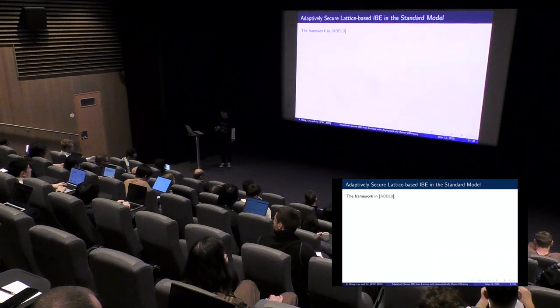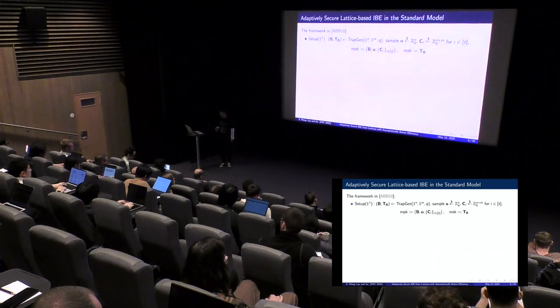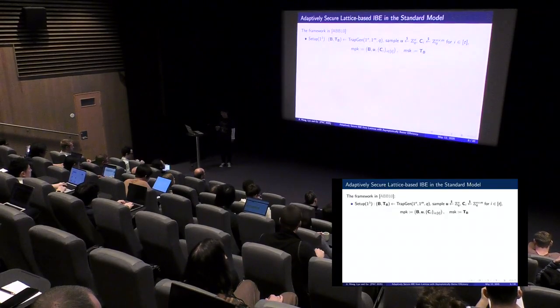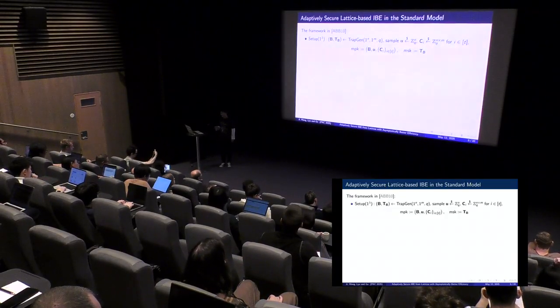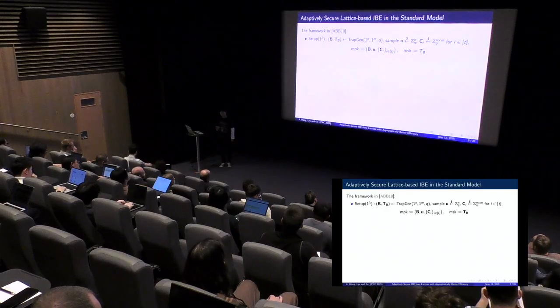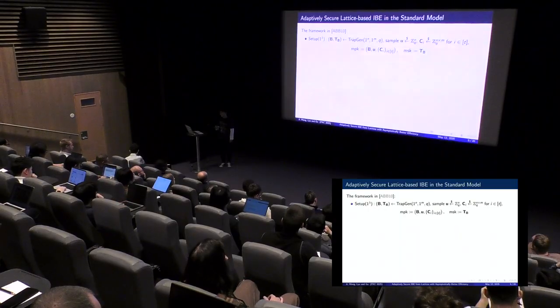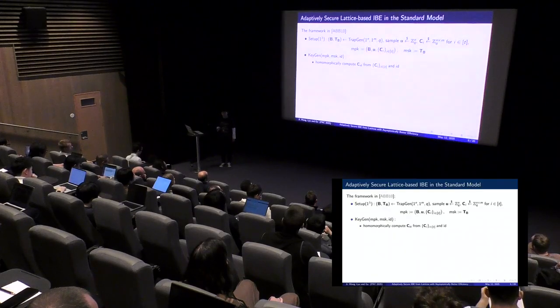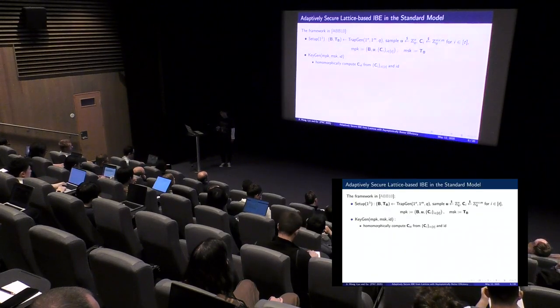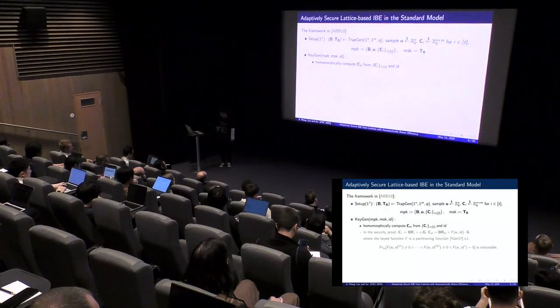Let's look closely at the ABB framework. In the setup, they generate a matrix B and its trapdoor T_B. The matrix B is statistically close to a uniform matrix, and they sample a uniform vector U and some uniform matrices C_i. And in the keygen, they homomorphically compute C_ID from the C_i's and the identity.